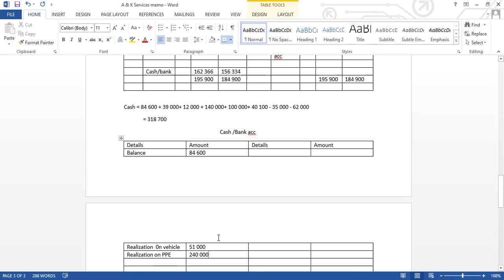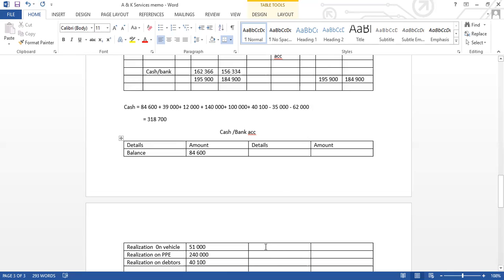And then we received our payment from debtors, or realization on debtors, we received 40,100.